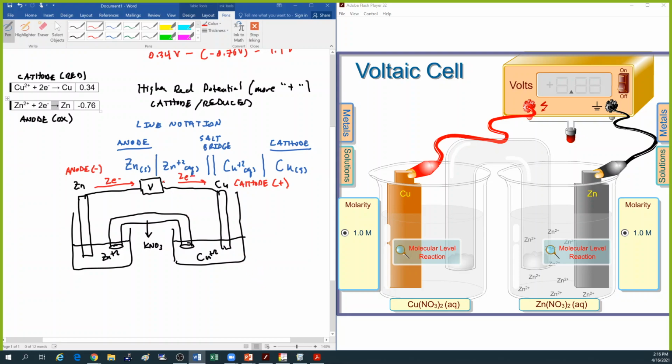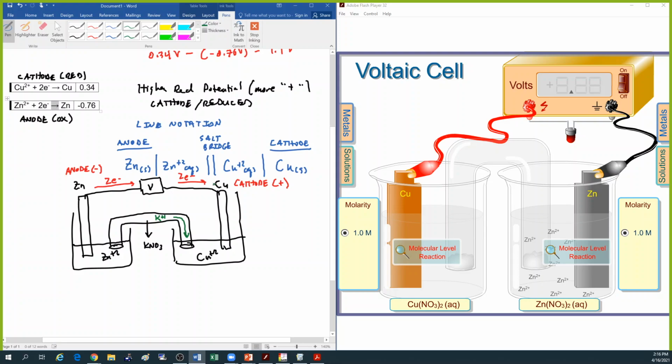Meanwhile, we have the ions in the solution migrating. So in the salt bridge, potassium ions, which are positive, are going to be drawn in this direction.